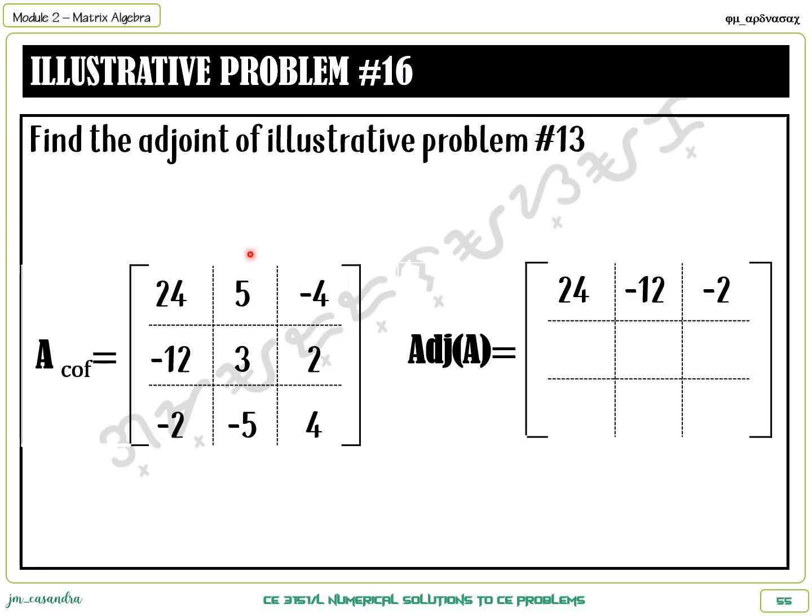And then we have the second column, which is our second row. That will now be 5, 3, negative 5. And the last column becomes the last row. So that will now be equivalent to negative 4, 2, and 4.